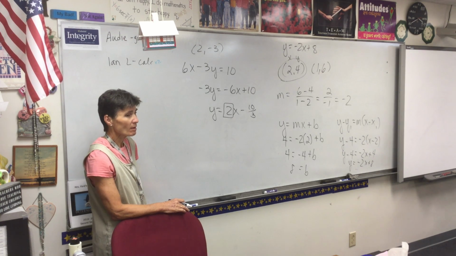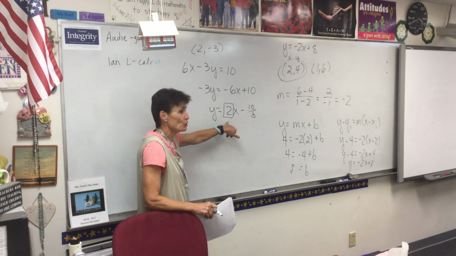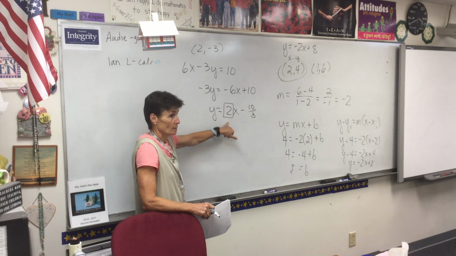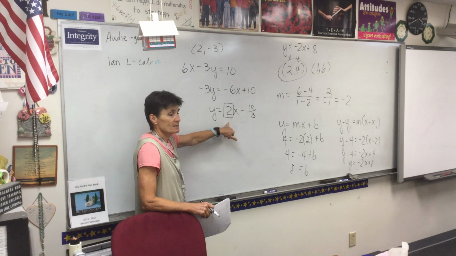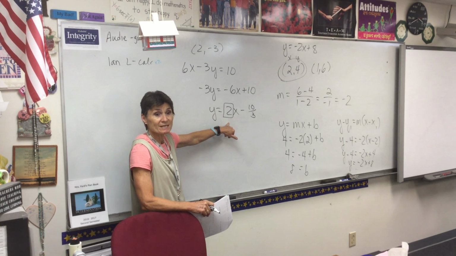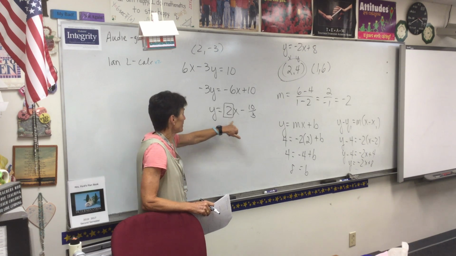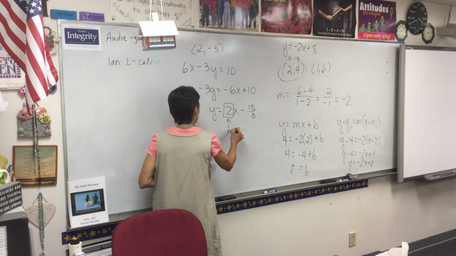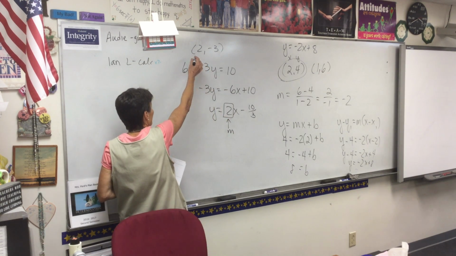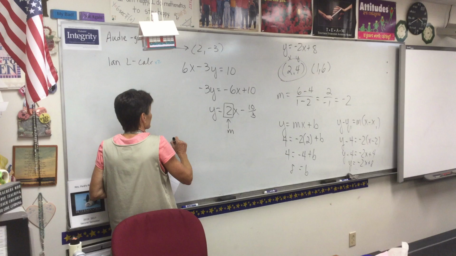Now, since it's parallel, I'm going to use 2. What if it had been perpendicular? Opposite reciprocal, so I would have used -1/2. But it's parallel, so I'm going to use the same slope, and that point that they gave me.